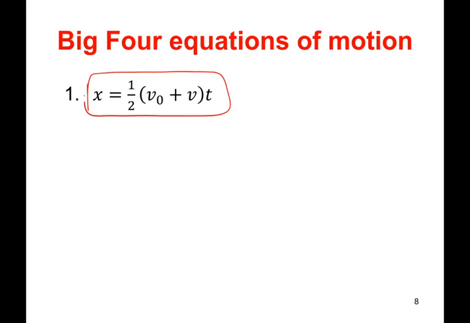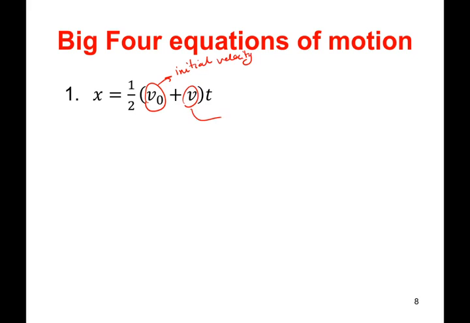So we can find the distance based on your current velocity at a certain point, after a certain time, and the initial velocity, okay? So V naught is always going to be the initial velocity, and V is the velocity at a certain time.